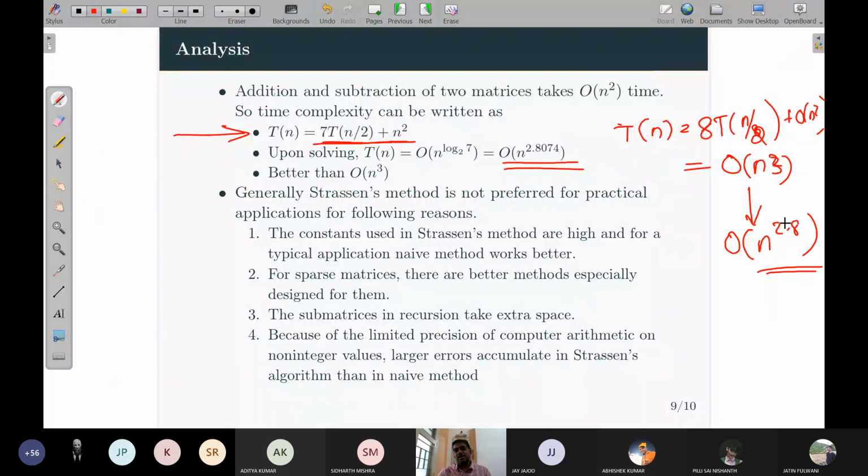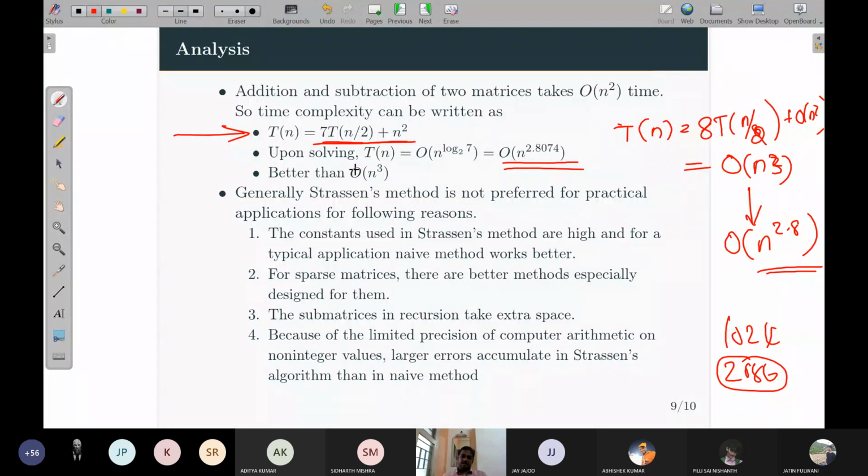But this will matter a lot if you multiply a 1 million by 1 million matrix. 2.8 and 3 are different if you multiply matrices of very large size, like 1024 or 2048, because the dimension should be a power of 2. Such matrices, if you multiply, you can get a substantial reduction in the running time. And this is Strassen's method.